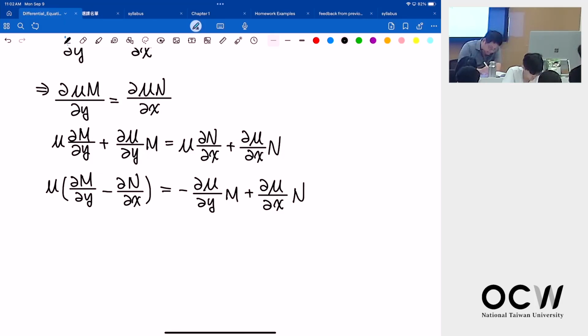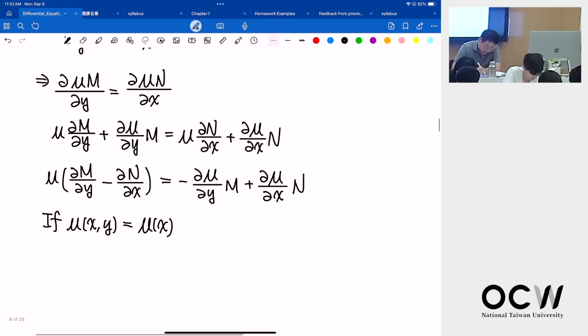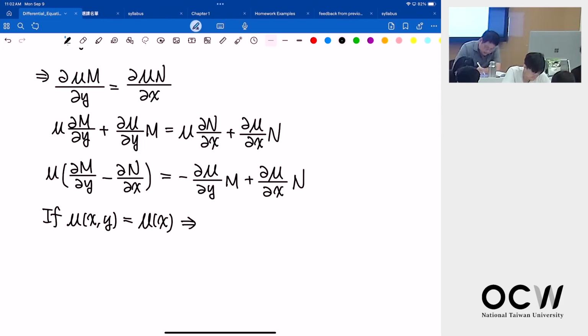If this mu function is just the function of x, that means partial mu over partial y is 0. And then partial mu over partial x, actually that is the d mu over dx.